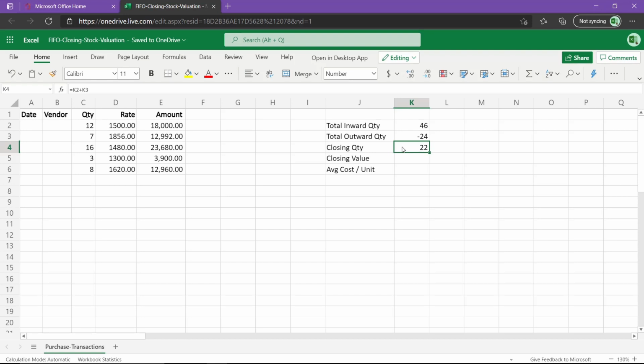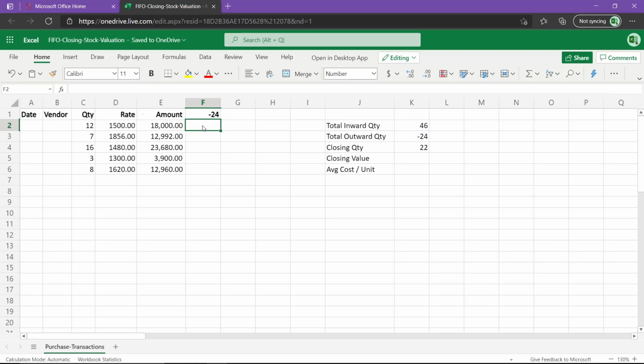For FIFO, first we need to ascertain which quantities out of these purchases are there in our stock. So let's determine this. First I will go to the header row and link up this outward quantity here so that I can cumulatively calculate.